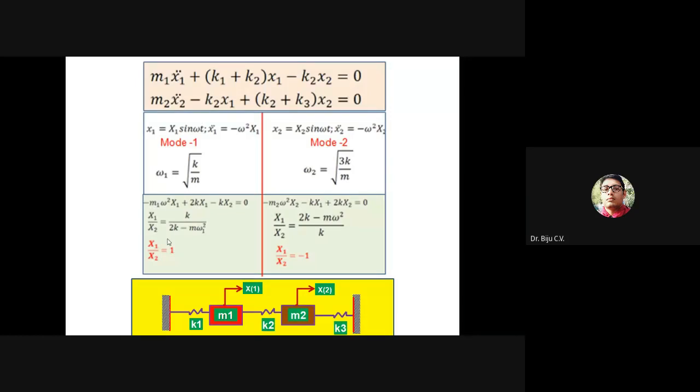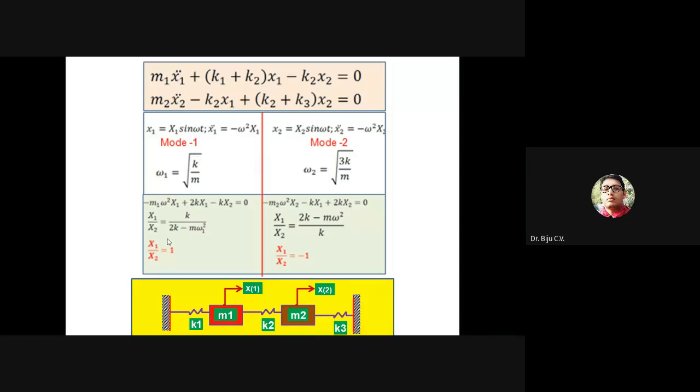So M1 and M2 can either move towards right with the same magnitude, or towards left with the same magnitude. There will be no phase difference, and the direction will also be the same. The separation will also be the same, or you can simply say that the spring K2 is acting as a rigid rod that avoids the relative displacement between M1 and M2.